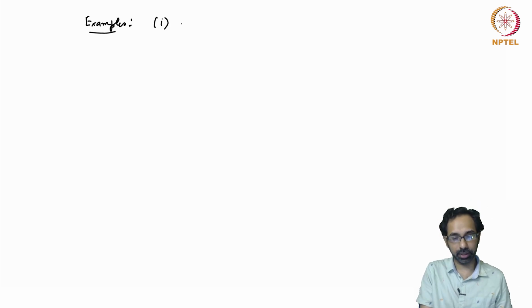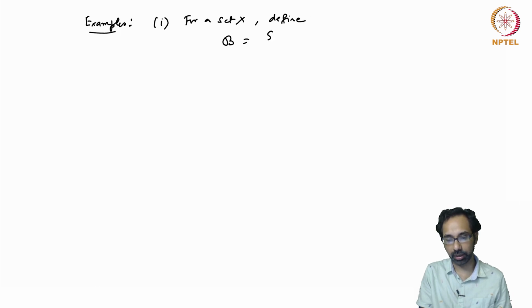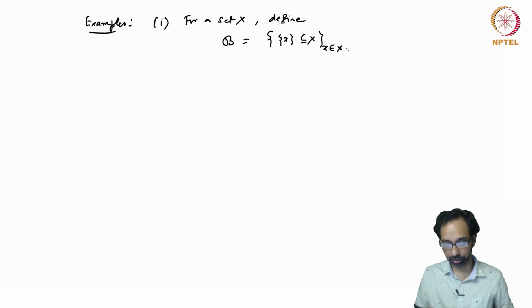So the first example is for a set X. For a set X, we define our collection B to be the collection of all singleton sets. So this is an indexed family of sets, where each member set is just a singleton set, and the family is indexed by the set X itself.